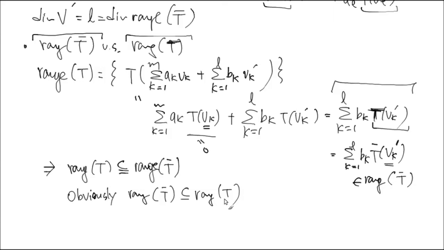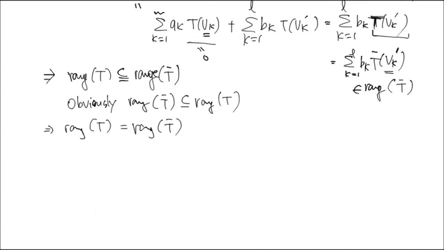So therefore we conclude range of T is equal to range of T bar. Is that right? In particular, we conclude dimension of range of T is equal to the dimension of range of T bar.